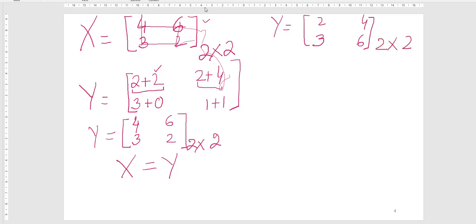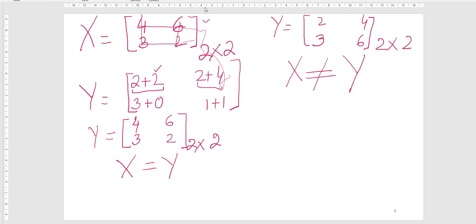But their entries, this is 4, this is 2, this is 6, this is 4, their corresponding entries are not equal. It means that these two matrices are not equal. This is the sign of not equal to. Two matrices are equal if they satisfy both conditions. First condition is order should be same, and the second condition is their corresponding entries should be same.